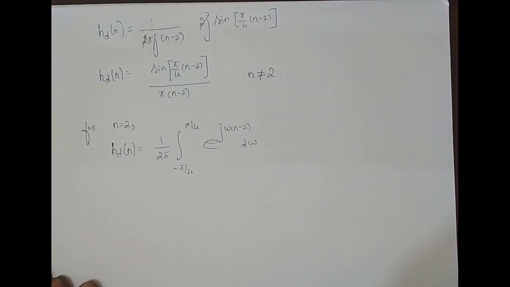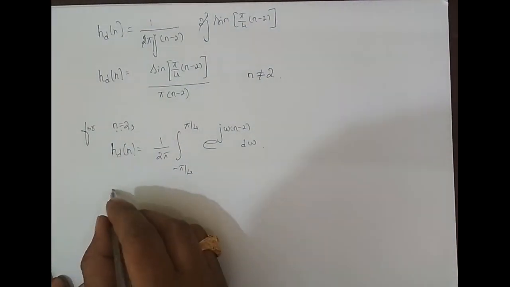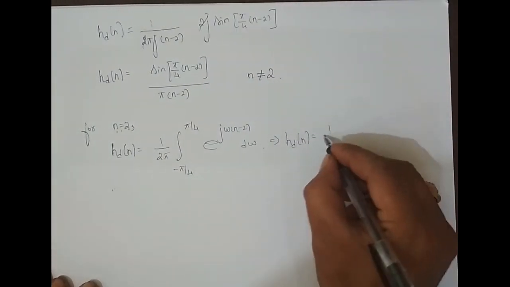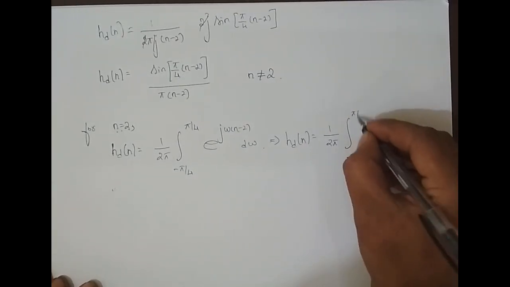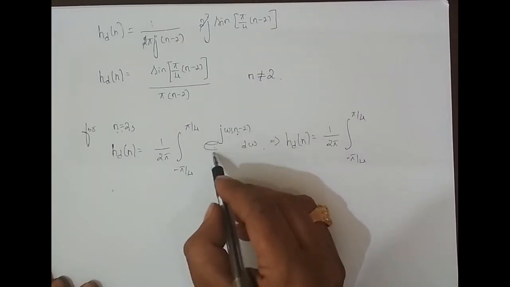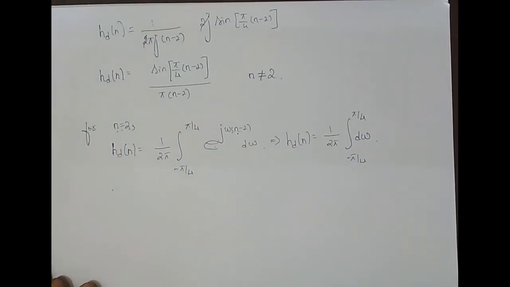But for n equal to 2, when I put n equal to 2 here, e power 0 is 1, and 1 times d omega is what I end up with.